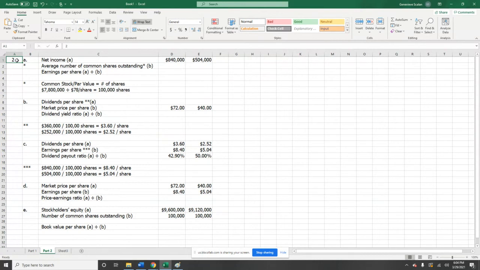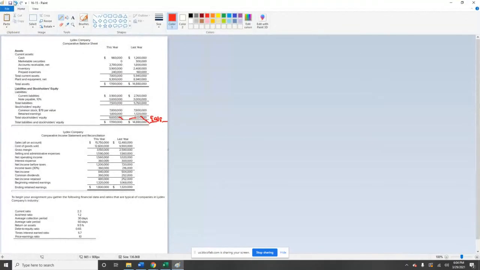We need a little more information than is contained here, because if you're looking at things like the stock market, you need to know what the price of the stocks are, right? So it also is giving us a few other things to look at here. Things we're going to need to know is the stock price, and they tell us that for the end of this year, it's $72 per share, and at the end of last year, it was $40 per share.